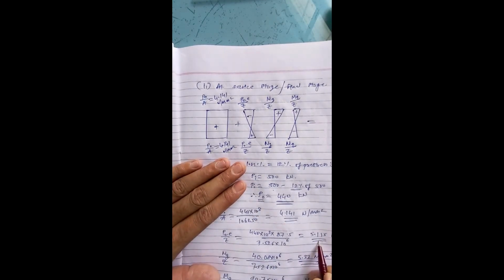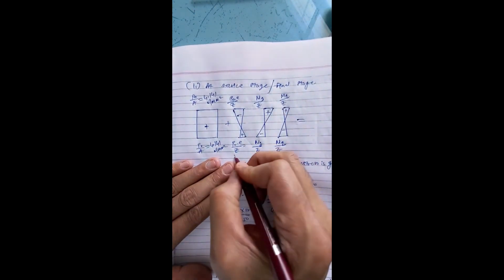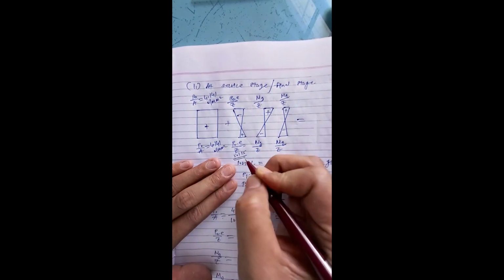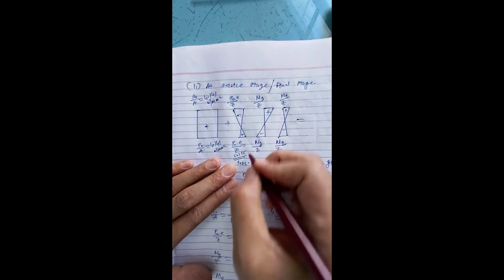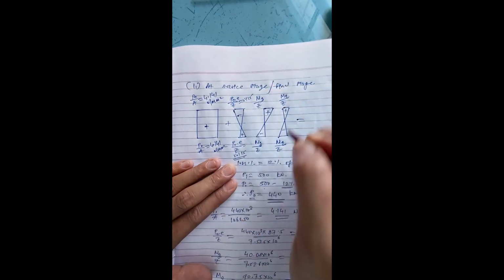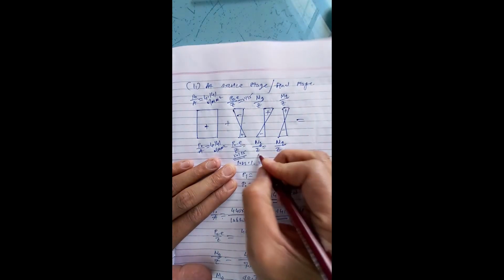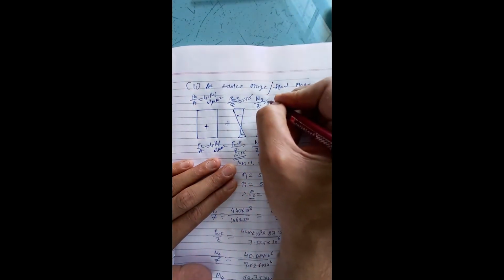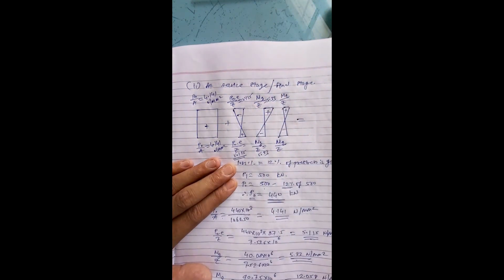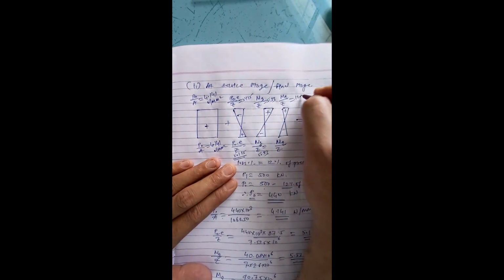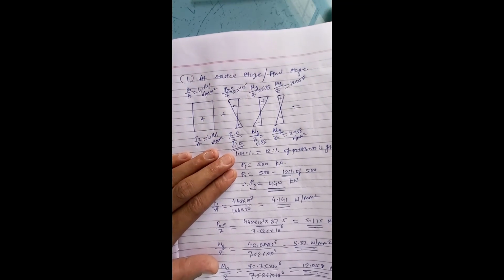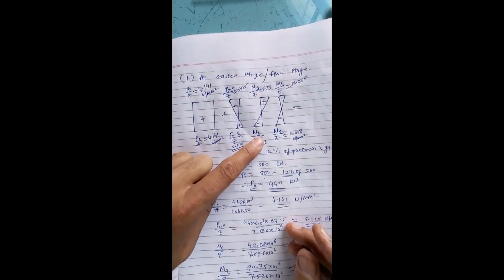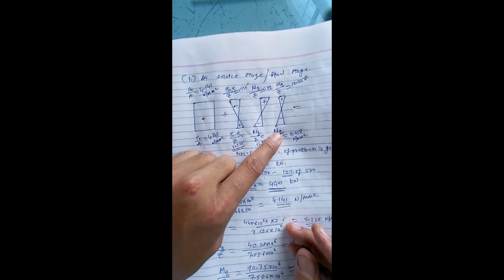P0E by Z is 5.115 Newton per mm square. mg by Z is 5.33, and mq by Z is 12.058 Newton per mm square. Now, these are the stress values due to pre-stressing force, dead load intensity moment, and live load intensity moment.